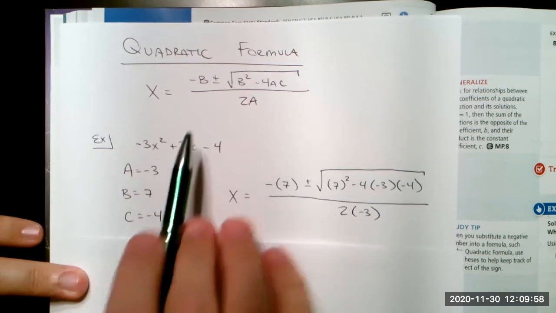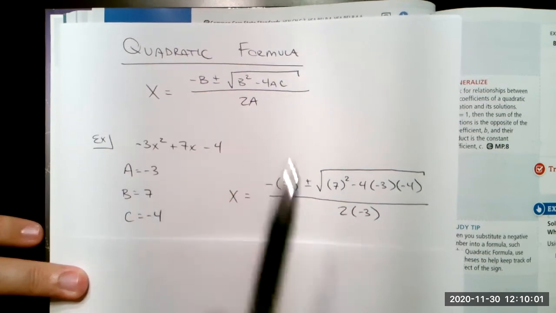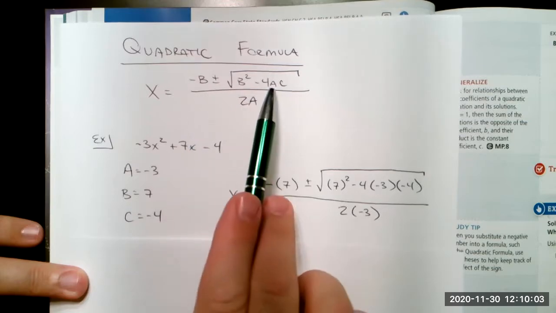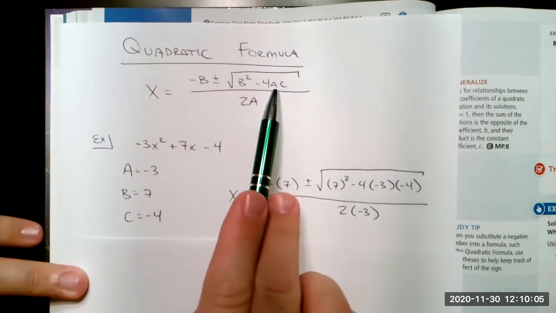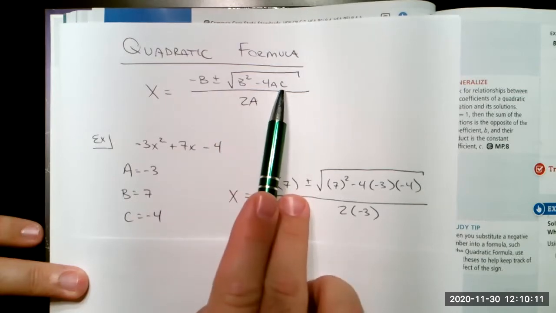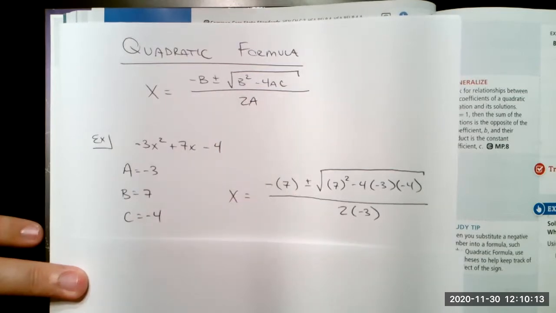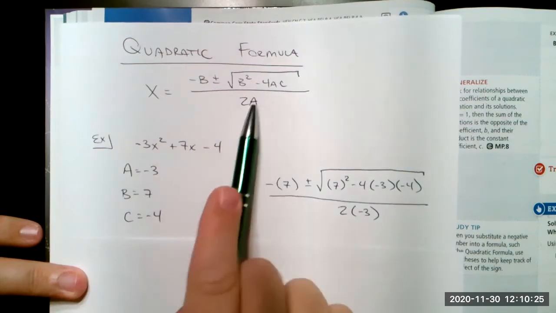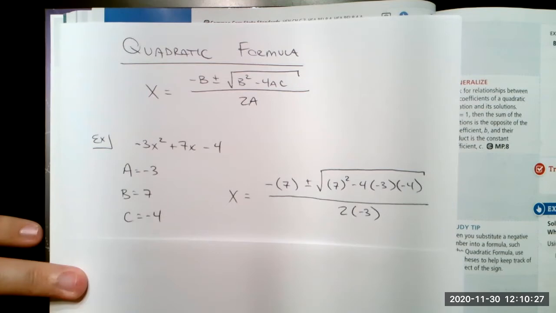So all you do is take this formula and replace every A with whatever your A value is, replace every B with whatever your B value is, and replace your C with whatever C is. Again, with the math, the PEMDAS, this negative, you've got to be careful and make sure you're doing the math correctly, but it literally is as easy as plug and play. You plug in the information, you calculate it, and you're done.